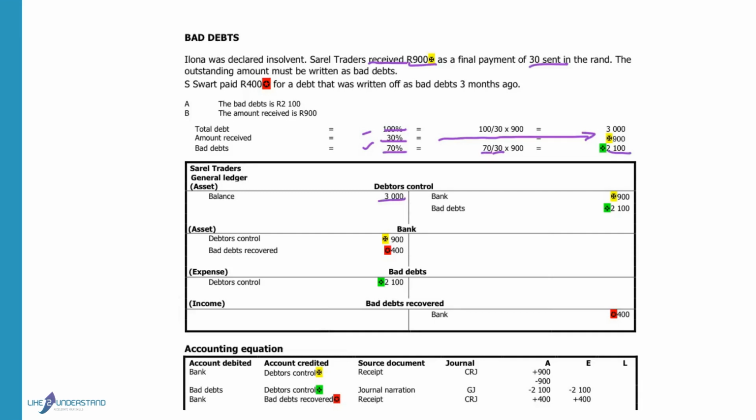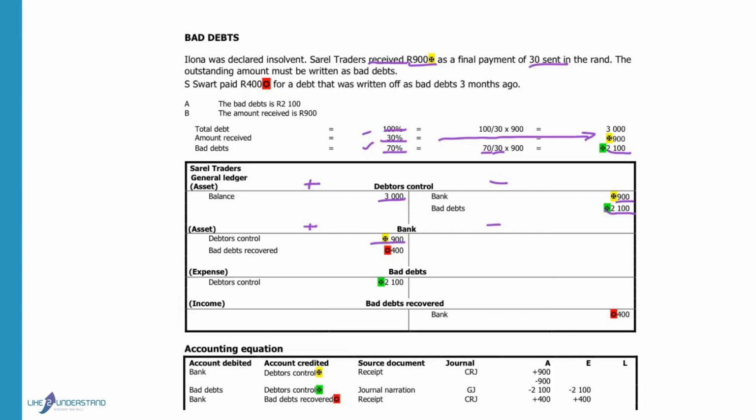He paid 900, so we will decrease the asset on the credit side with the 900 paid, and we will increase the bank asset on the debit side to indicate that there is more money in the bank. Then we have to decrease the debtor with the 2,100 bad debts so that we can close his account and he is not a debtor of the business anymore.